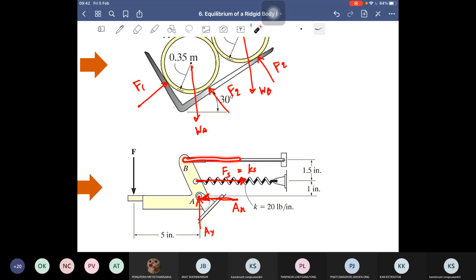And for this link, when the force is exerted, the link tends to move to the left-hand side. So the resistance force acts to the right-hand side, Fb. The direction of Fb must act along this link. Okay, so we have 4 reaction forces.